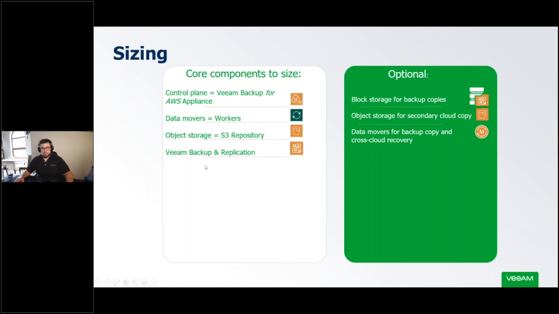First of all, I would like to highlight Veeam Backup and Replication here. As per Q&A tests, there is nothing to size here. So if you have some resources in Veeam Backup and Replication, it's not tightly sized.